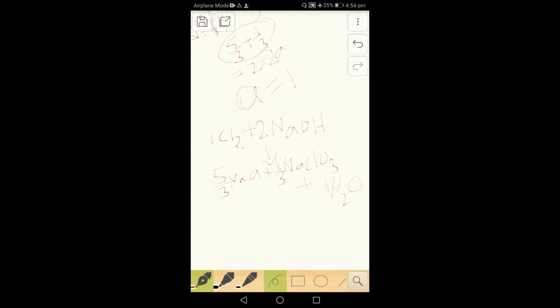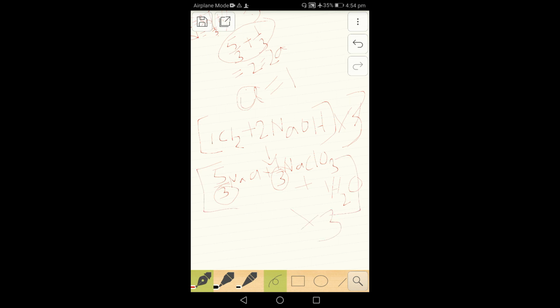Now if you are disliking these fraction values here, try multiplying both sides of the equation by 3, and the fraction values will be removed.